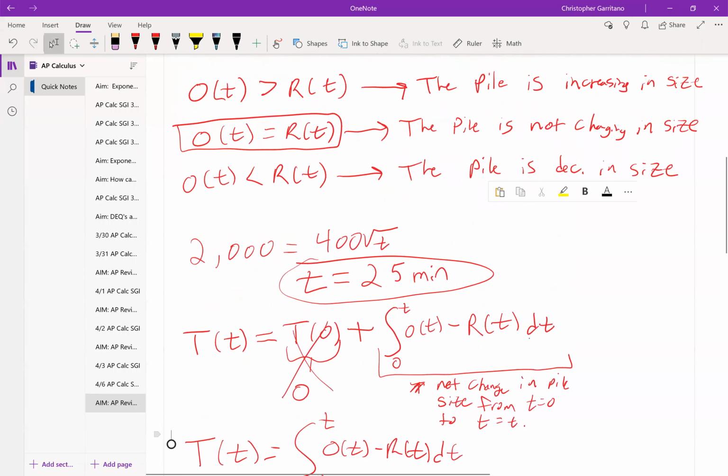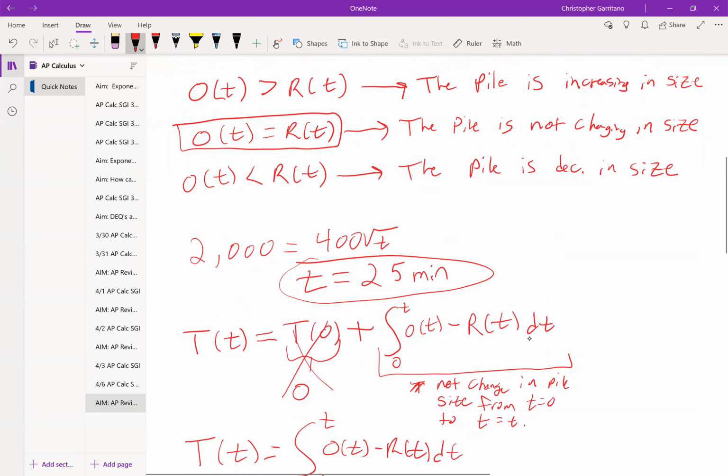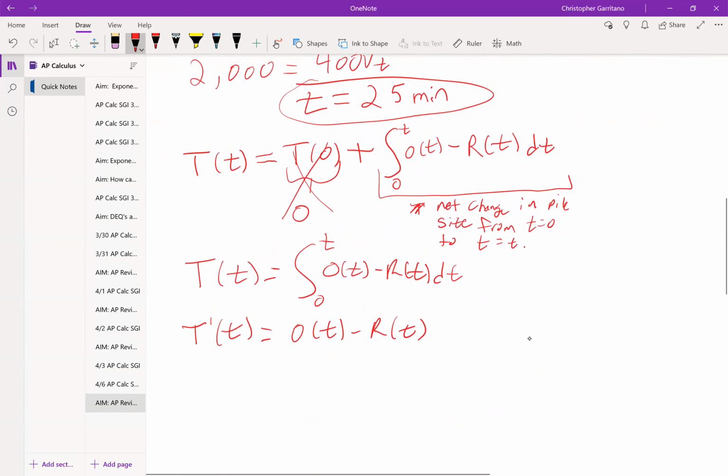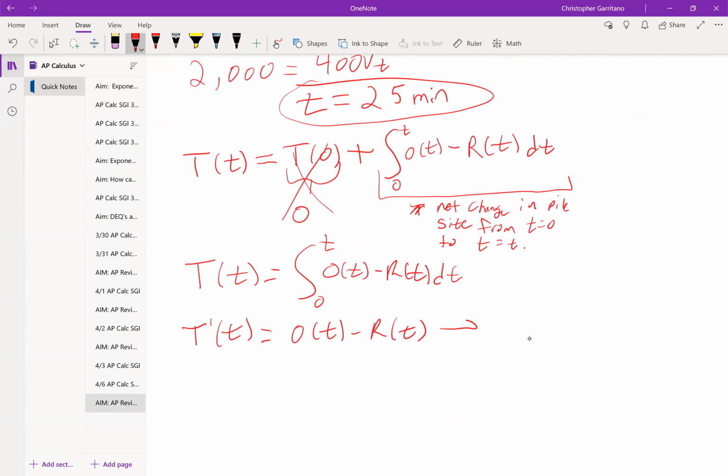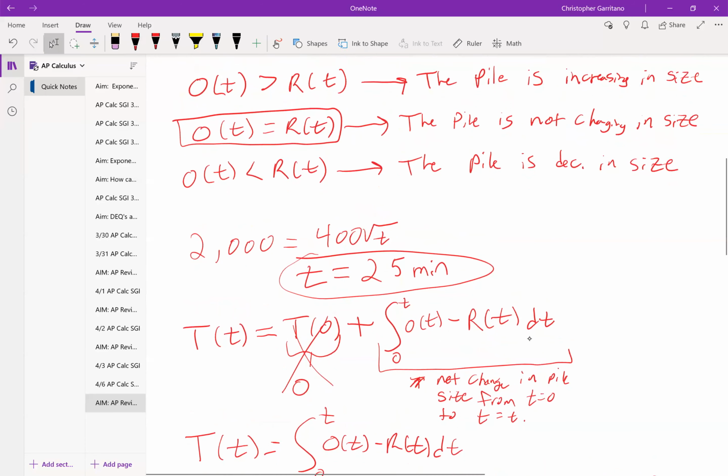So what I would do is take the derivative and set it equal to 0. Of course, that's equivalent to asking when O of t equals R of t, and that's exactly what we solved already, right? That tells us when the pile is not changing in size. So we've discovered that O of t is equal to R of t at t equals 25.